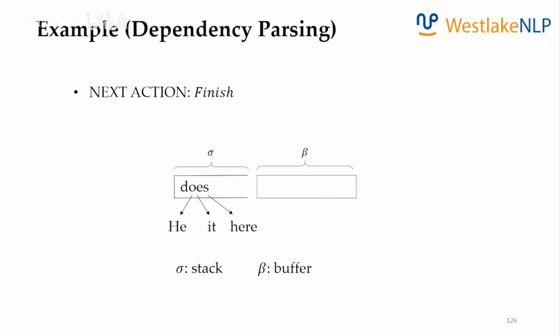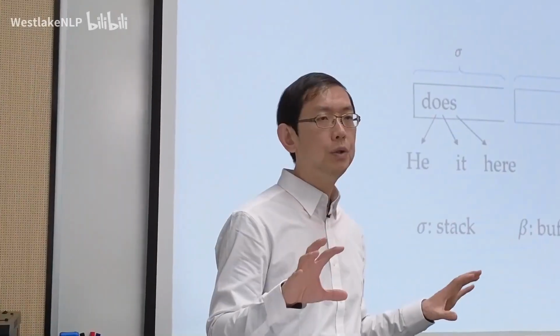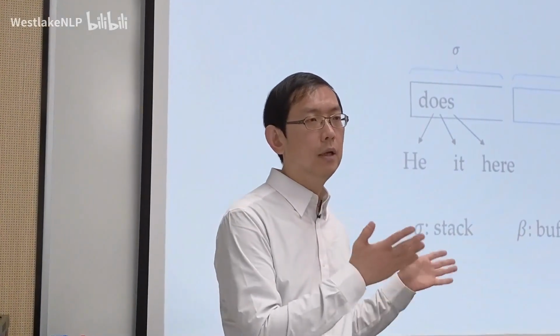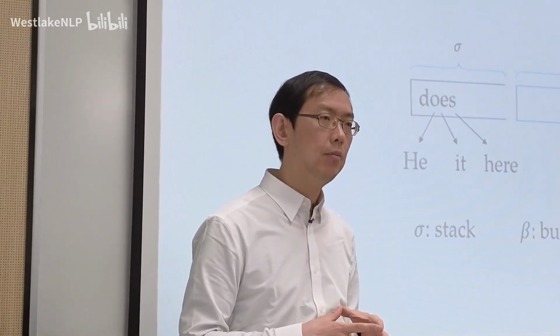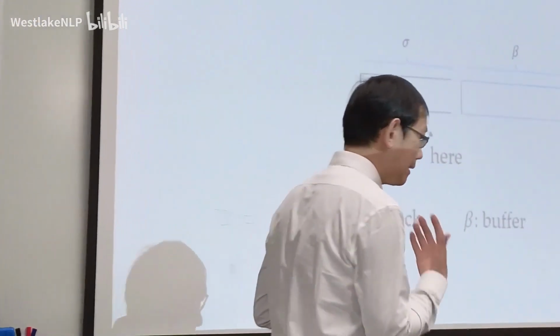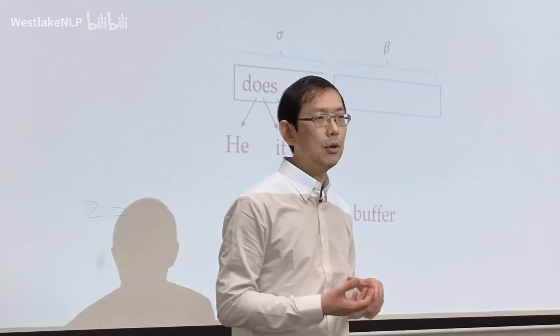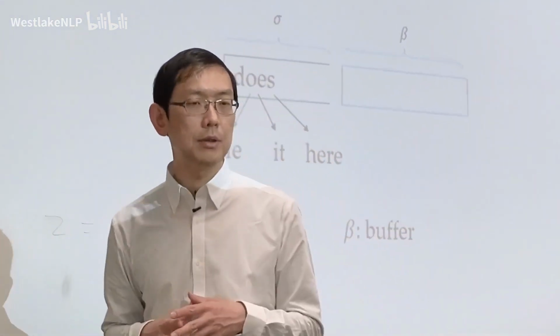It turns out that the arc-eager parser and arc-standard parser use different actions to achieve the same task. And by using them as an example, I show you when you design the state transition process, you have a lot of choices for different structures.